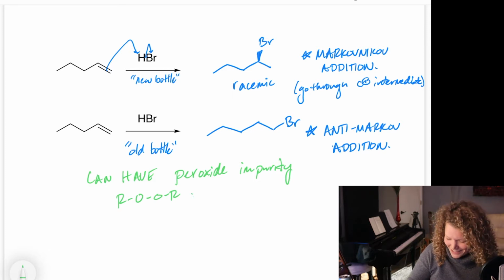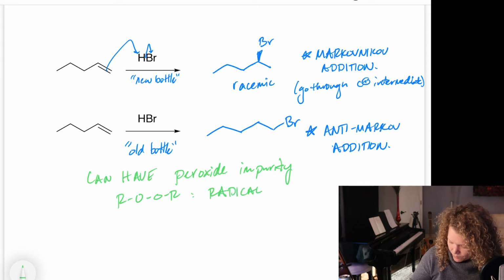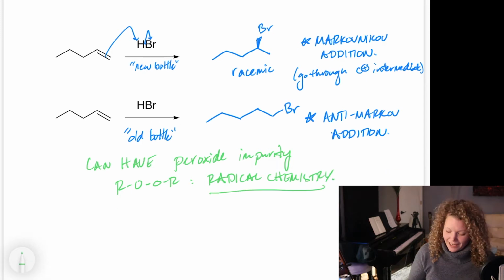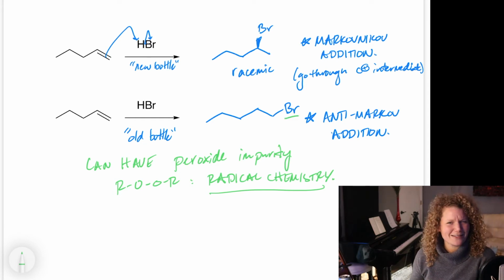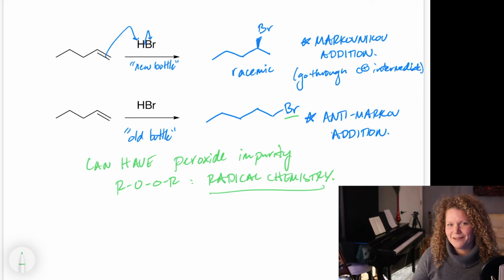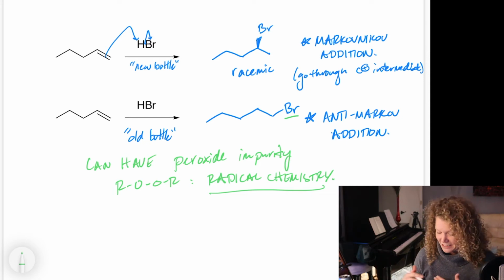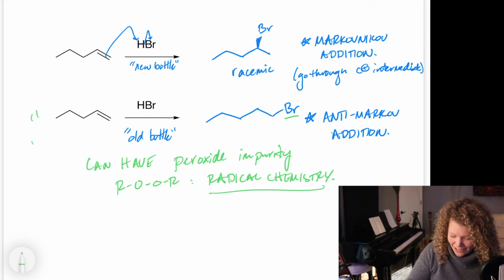And this thing likes to do radical chemistry. And so you end up not getting the product that you wanted to. You end up getting anti-Markovnikov addition, the bromine added on the least substituted side, okay? Your proton should have been going on the side that already had the most protons, and it didn't. So this makes you quite unhappy.